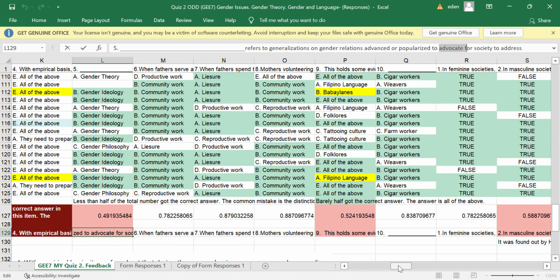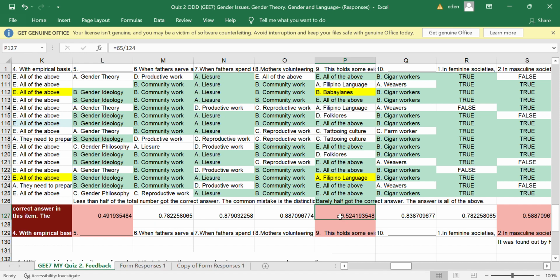And then the next question which had a problem is question number 9 in subtest 1. This holds some evidences that our pre-colonial culture was egalitarian. The answer here is all of the above. So barely half got the correct answer in this question.